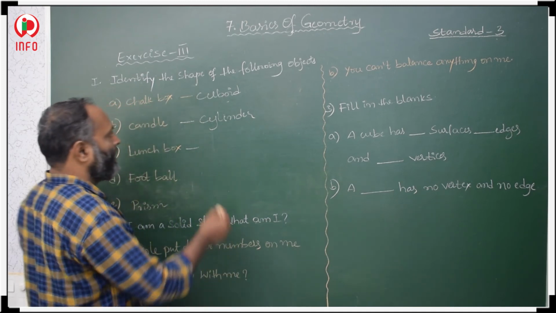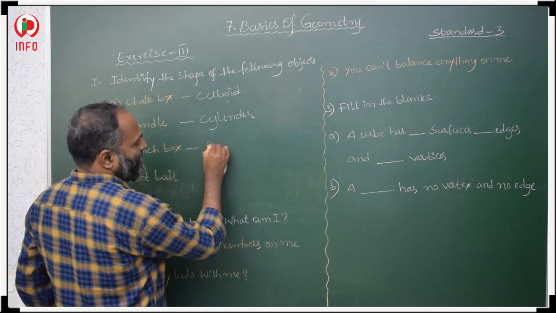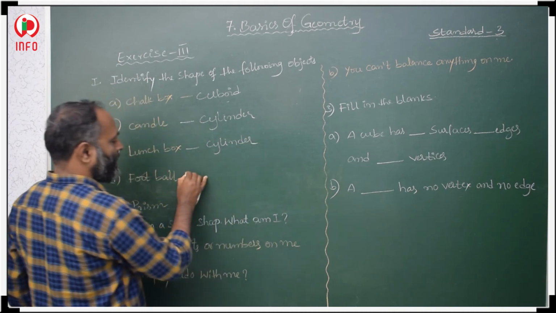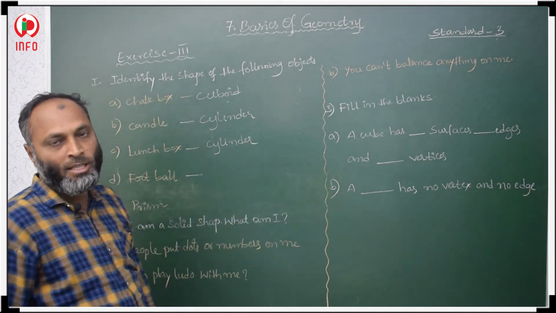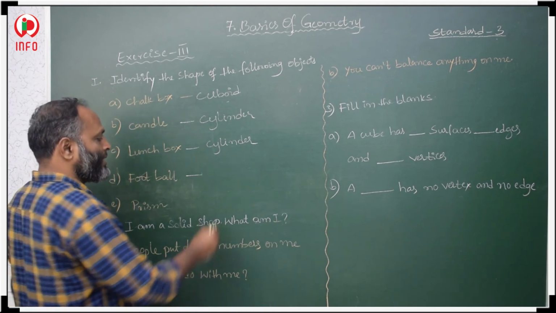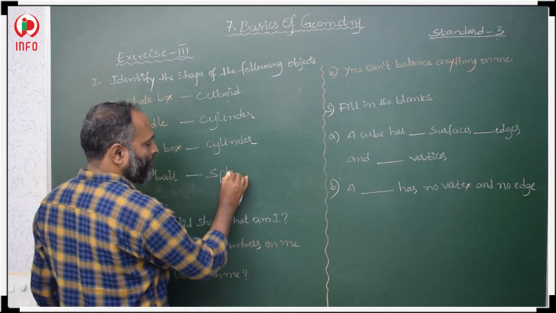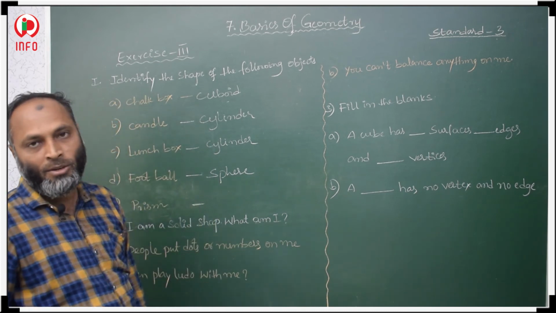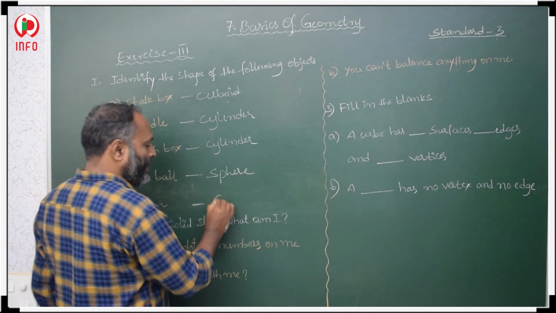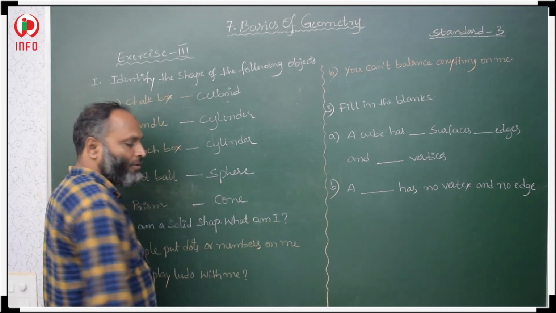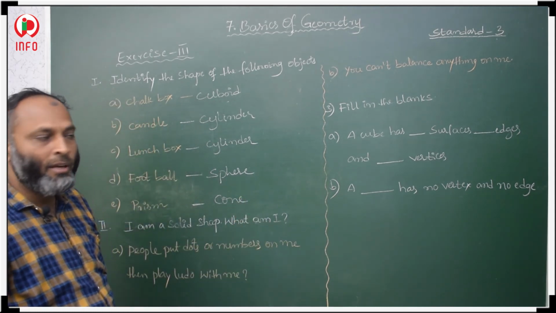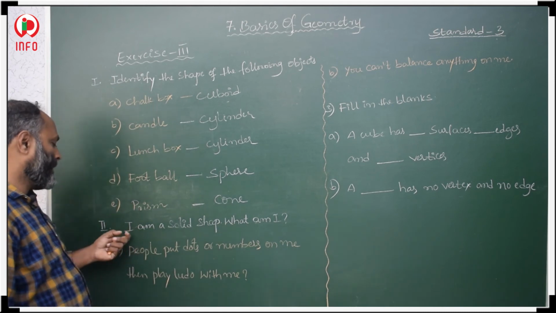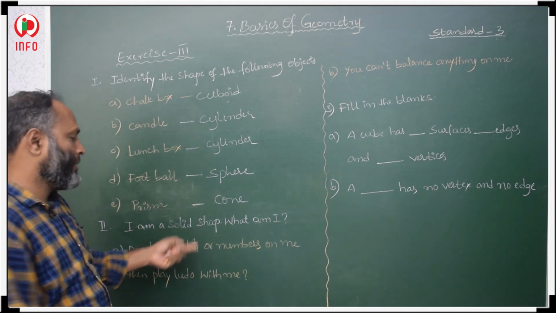Here I am writing cylindrical shape. Football: clearly it is spherical, a sphere. Prism: it is a conical shape, a cone.